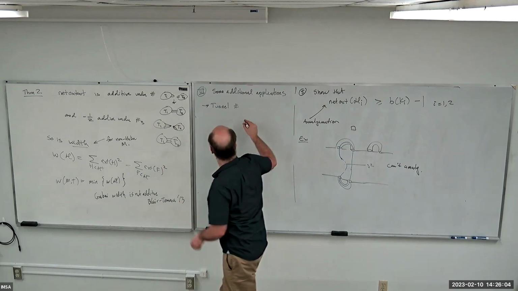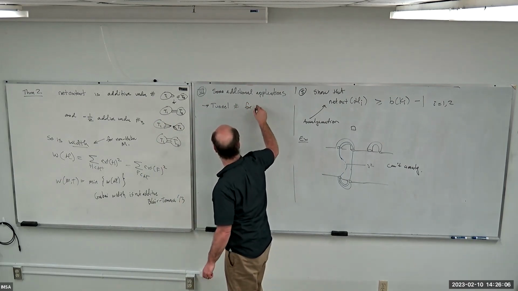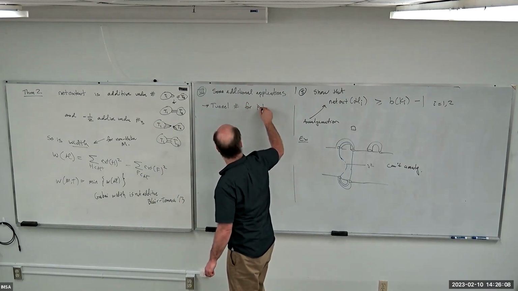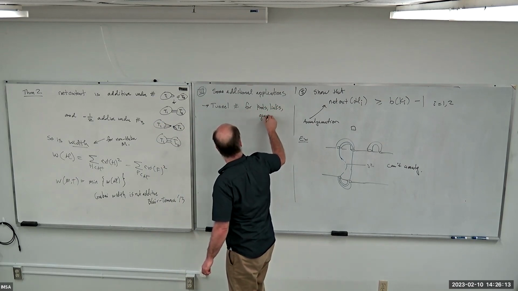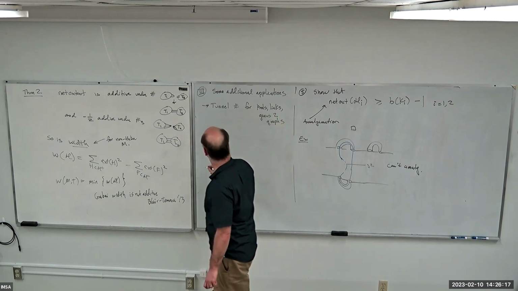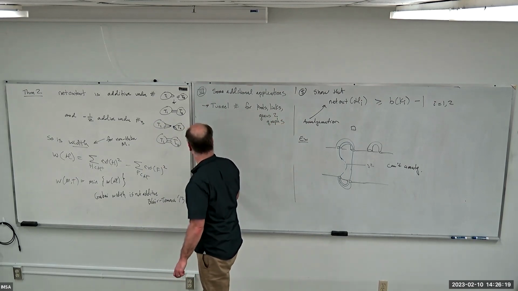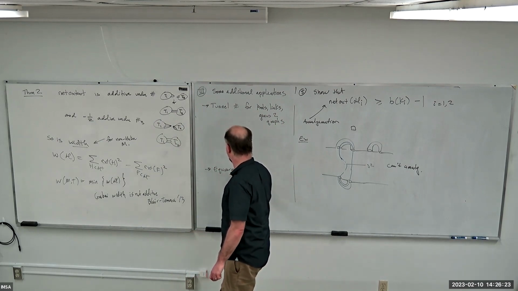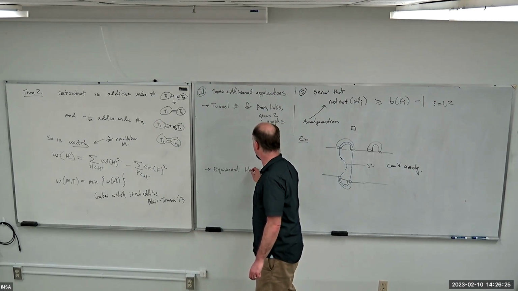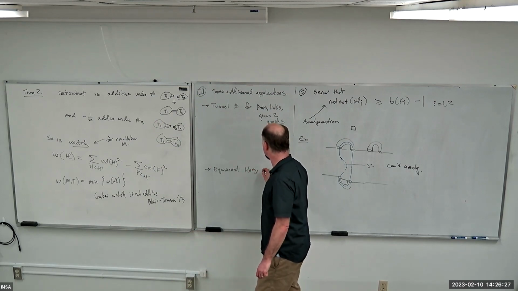We have some theorems about tunnel number, how tunnel number behaves for knots, links, and genus 2 graphs. And then more recently, I have a paper on equivariant Heegaard genus.